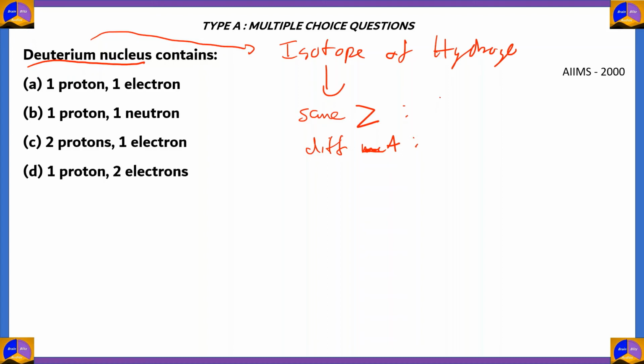So both of them have the atomic number 1 because the atomic number for hydrogen is 1. So deuterium also has 1 proton in its nucleus, but there is a different mass number. Why is that? This happens because the isotope has more number of neutrons.